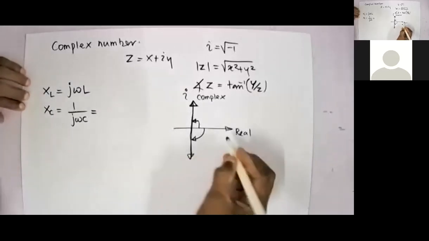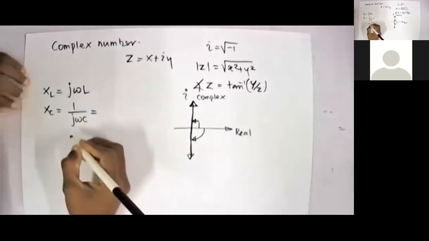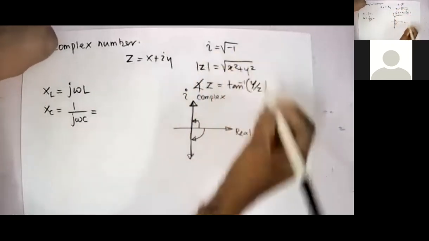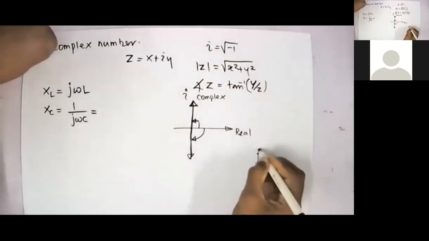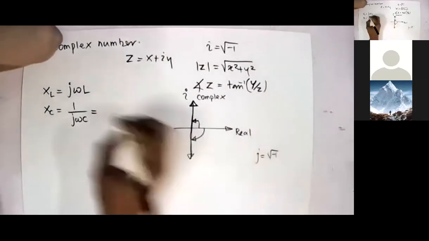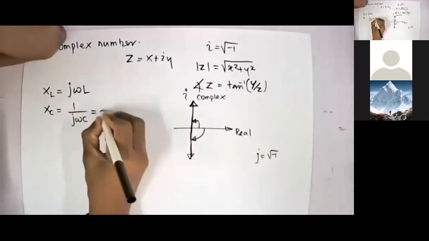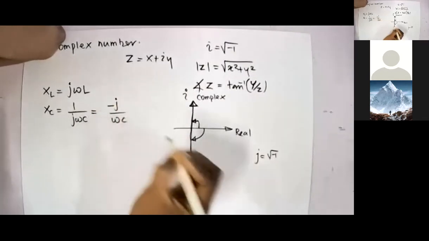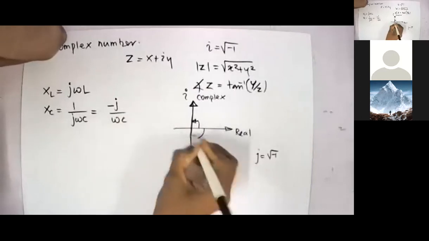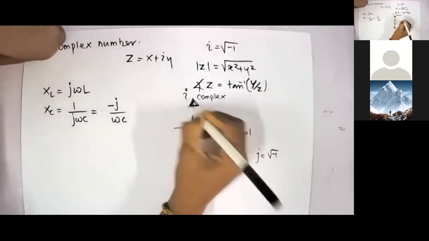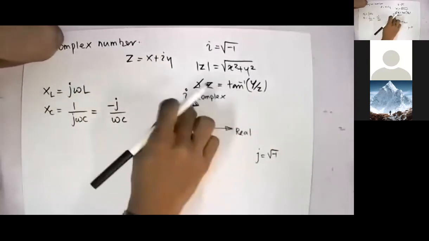Okay, so what is 1 over j? 1 over j equals minus j. I would write it as minus j by omega C. Here I have minus, and for L I have plus.